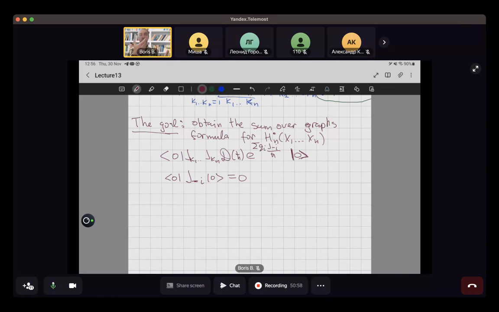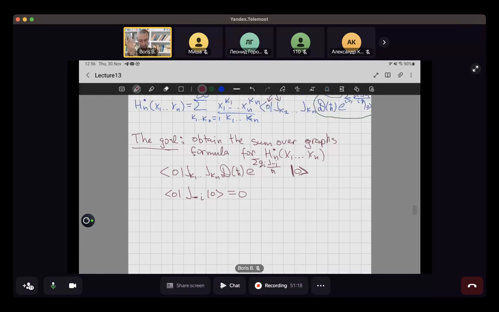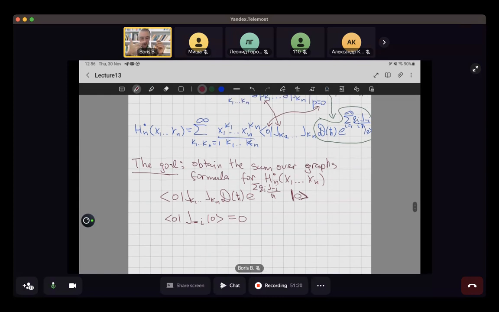And so if we have some summands where J with minuses stay near the co-vacuum, we obtain 0. So if J minuses are on the left, if we have a summand in this huge sum where the J minuses stay on the left of the expression, this summand is equal to 0.